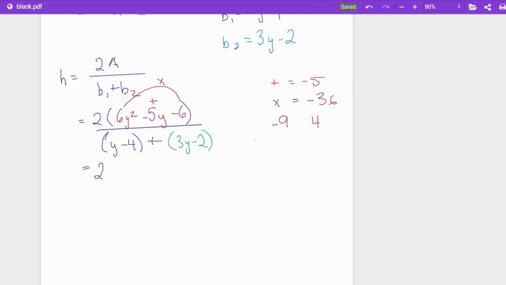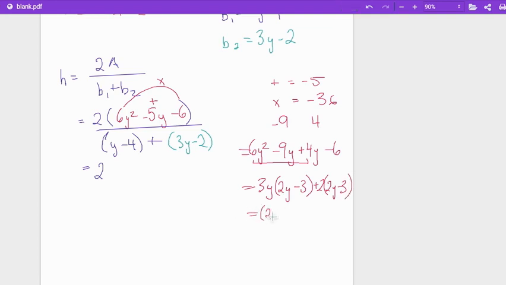So I'm decomposing 6y squared minus 9y plus 4y minus 6. First grouping, common factor of 3y, and I have 2y minus 3. Second grouping, factor of positive 2, and I get 2y minus 3. So 2y minus 3, 3y plus 2.